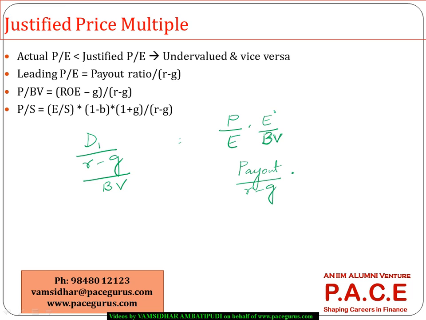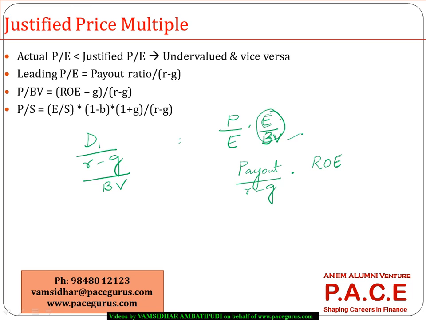Now, how do I express this earnings to book value? Earnings to book value is nothing but the ROE, how much I have earned divided by the book value.